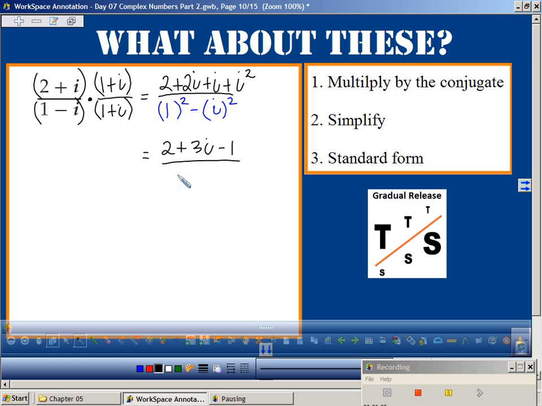Over 1 squared, which is 1, minus, what is I squared? Negative 1. So now I have 2 minus 1 on the numerator, which is 1 plus 3I over negative times a negative is a positive, over 2.